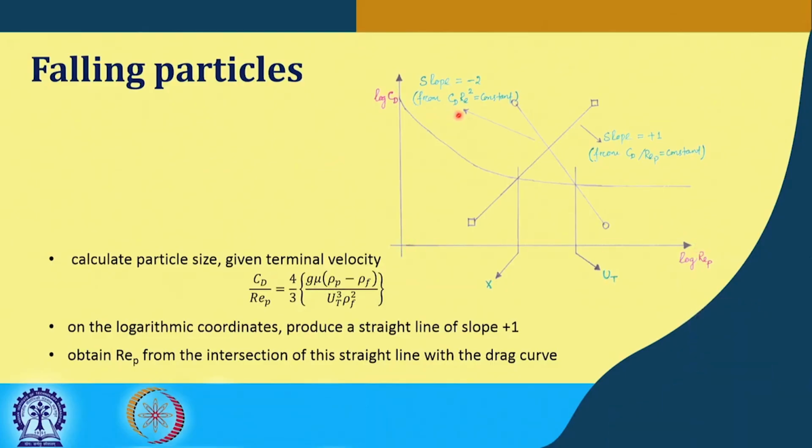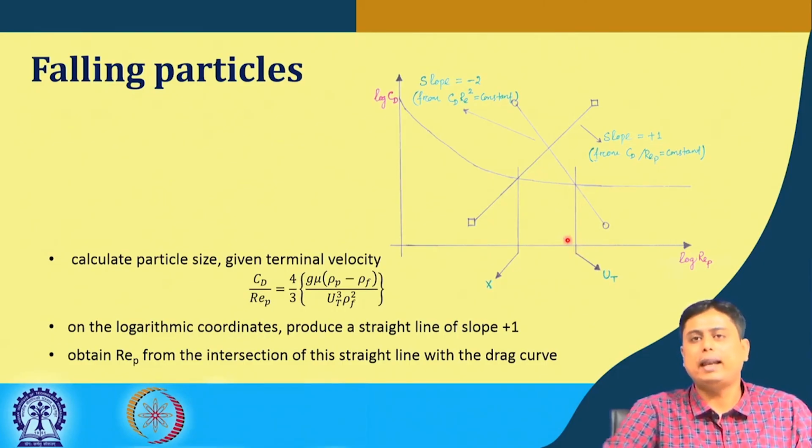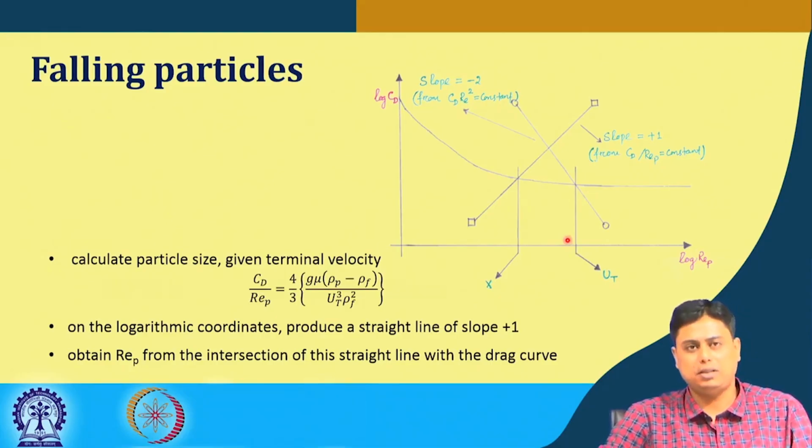This CD REP square will create such a line on the standard drag curve. This intersection is what you read as your REP. Now, if REP is known, then you can calculate the UT, because all other parameters are known.